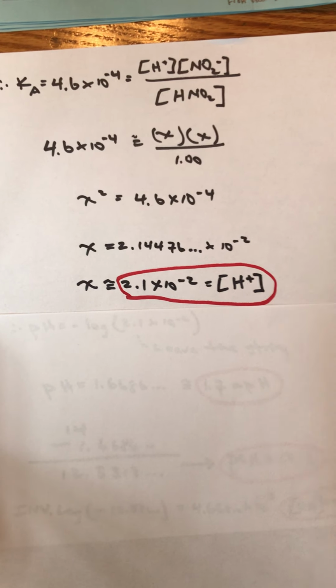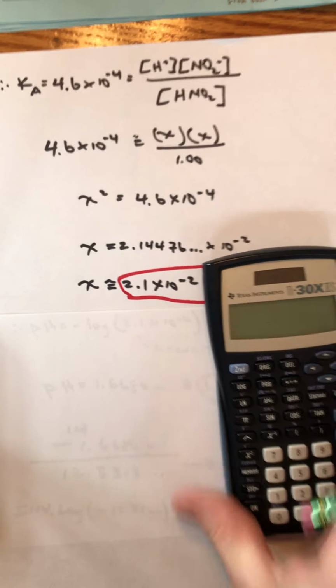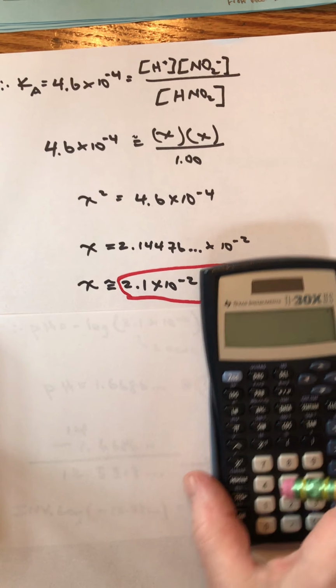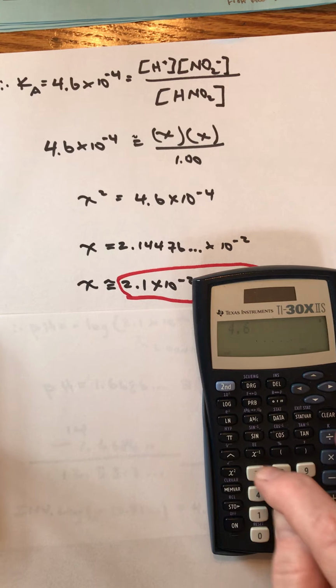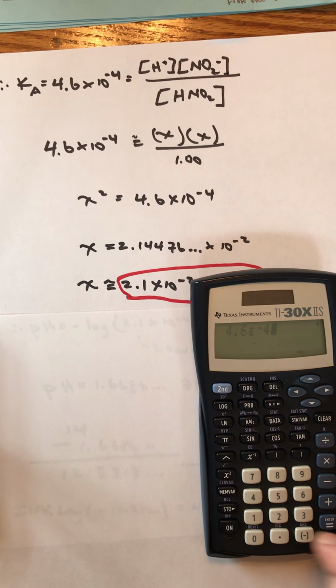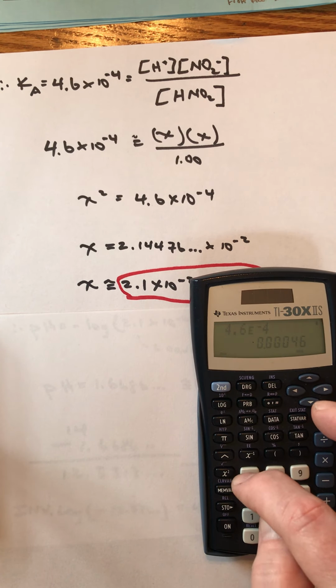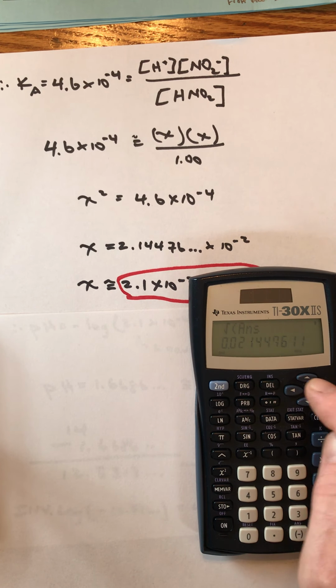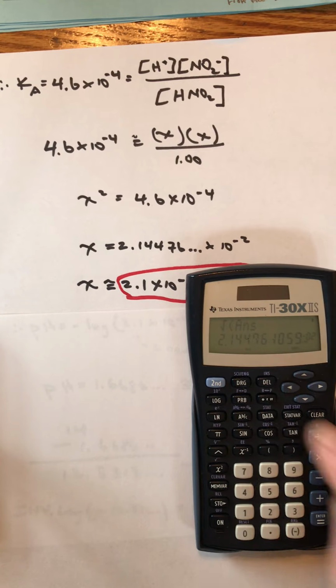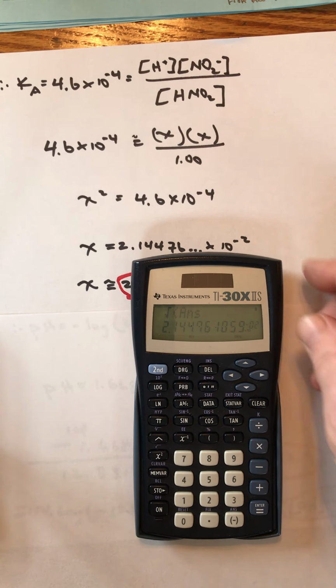Now, if you take the log of this number, I'm going to put this into the calculator. On clear, clear, clear. I'm going to go 4.6 second EE negative 4. Enter. I'm going to go second square root, second answer, enter. So I'll go scientific notation mode for you. There's my 2.1 times 10 to the minus 2.